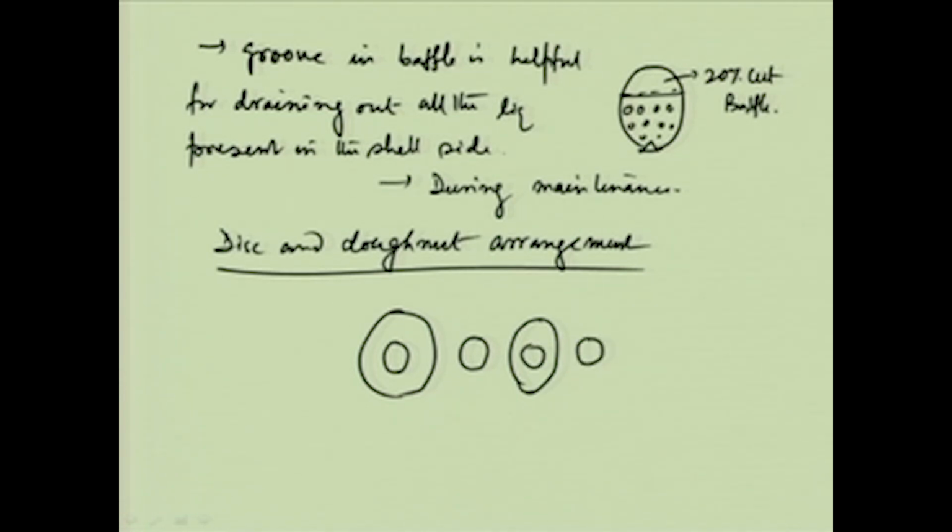So the fluid is coming like this, again entering here and going like this. So, what is happening? Then it becomes the path for shell side fluid.